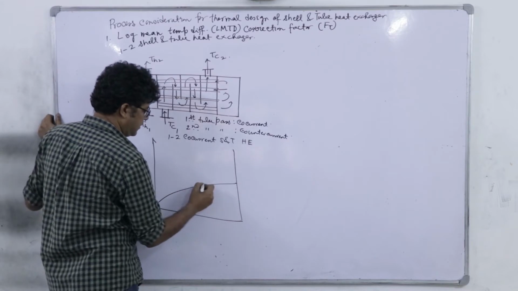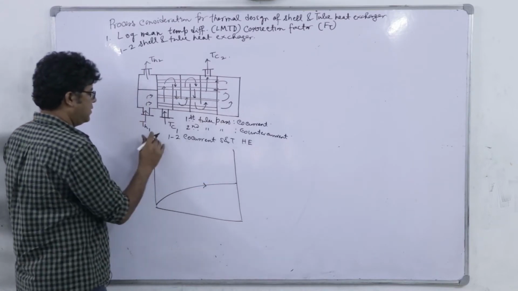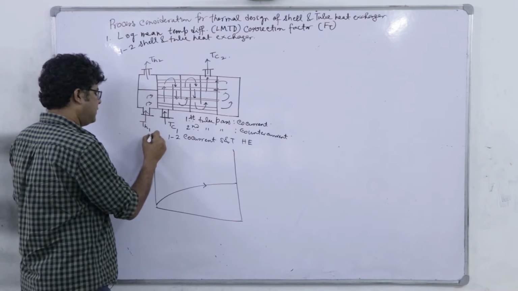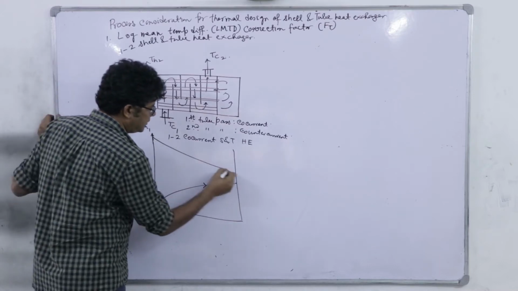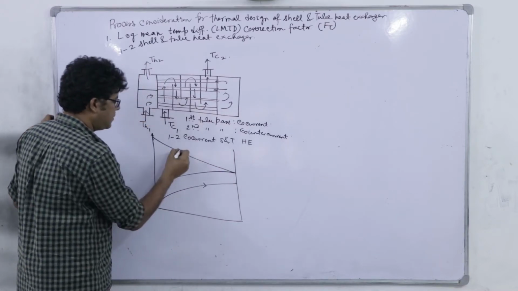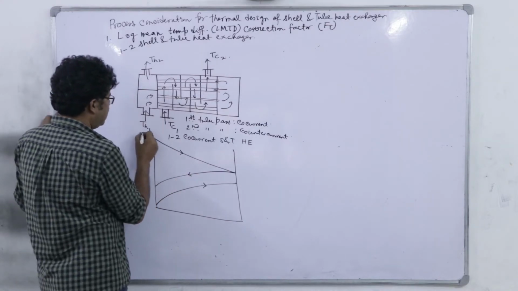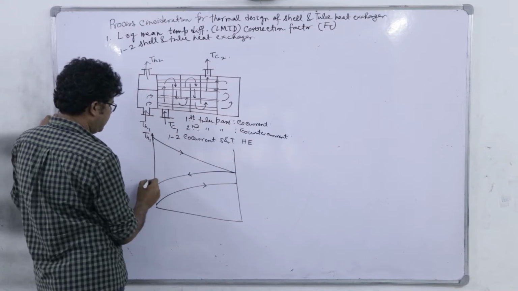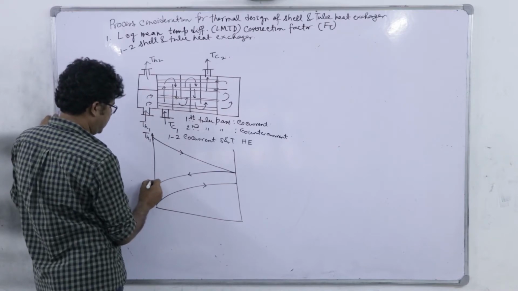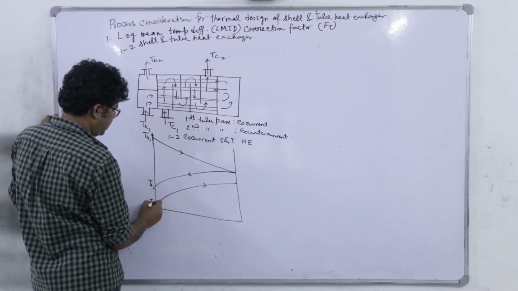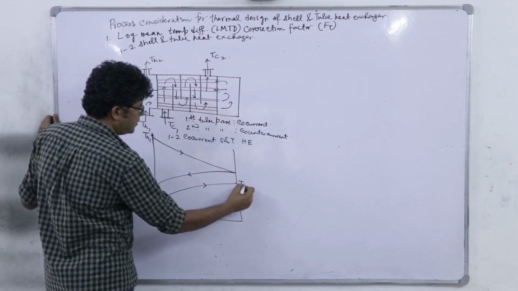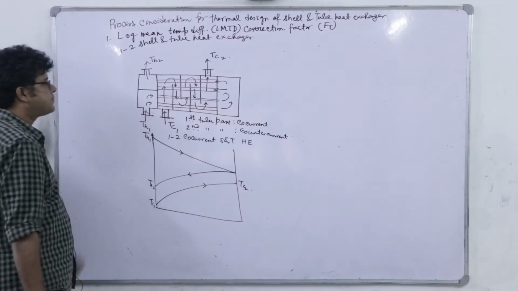So this is the profile, whereas for tube side fluid it decreases like this. Okay. So this is TH1, this is TH2, this is TC1, this is TC2.